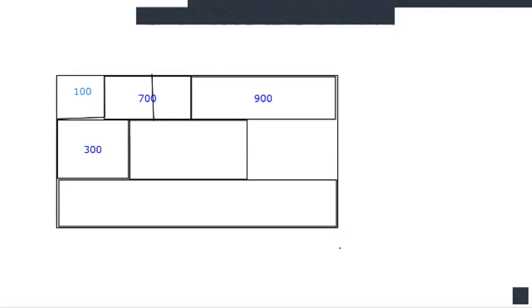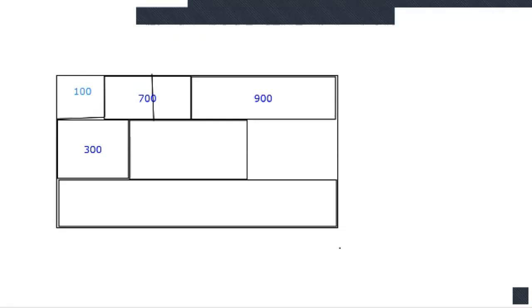It will take the 700 memory space and make a partition: it will allocate 300 memory space to the first block, and the other block will contain 400. It makes the partition without searching whether 300 MB of space is available, where the process could easily have been allocated.